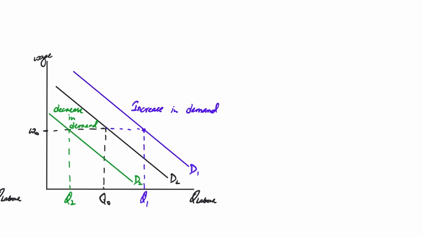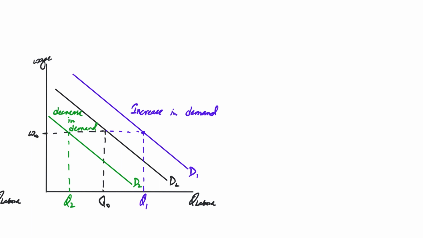Now, what might be causing this increase in demand to take place? Why would the firms be willing to hire more people? Okay, so for that, we'll write a few factors. Change in demand. What can cause the firm to hire more workers?